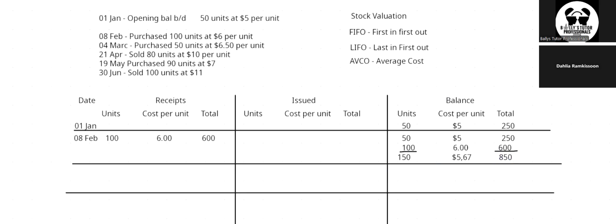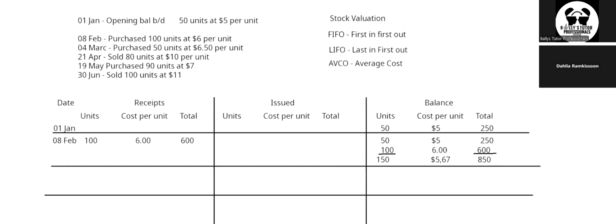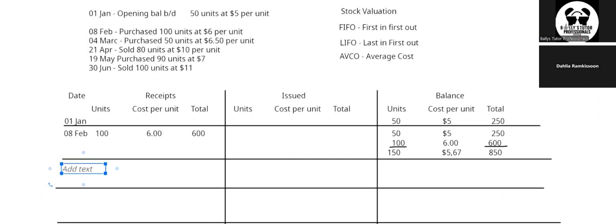So when I purchase goods in March, I purchase 50 units at $6.50 each for 325. Because I purchased more units, I have to calculate a new average cost. So my total units before was 150 at $5.67 for 850 total.